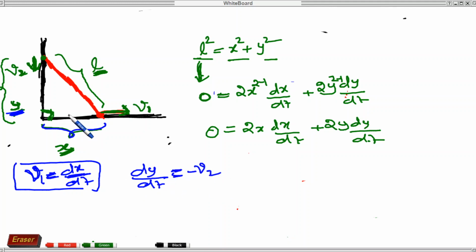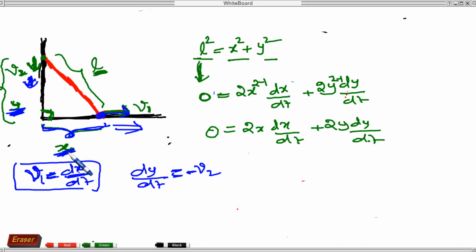Why did we make it minus v2? Because this ladder point is moving in this direction, and here it is moving in this direction, so y is decreasing, that's why I made it negative.